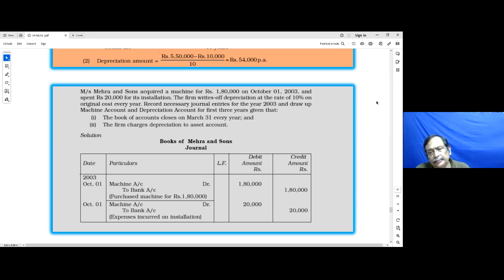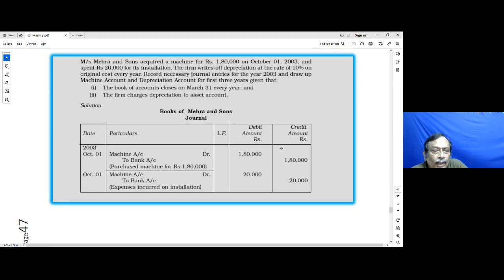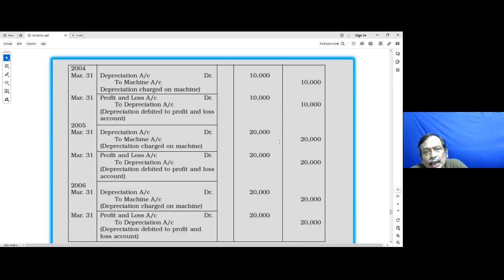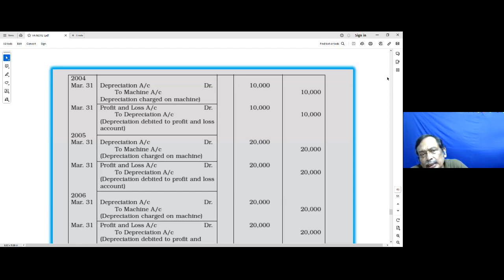So obviously, we are going to pass in the books of Mehra and Sons journal, machine account debit to bank 1,80,000. Then machine account debit to bank 20,000, expenses incurred on installation. Then we are going to charge depreciation.